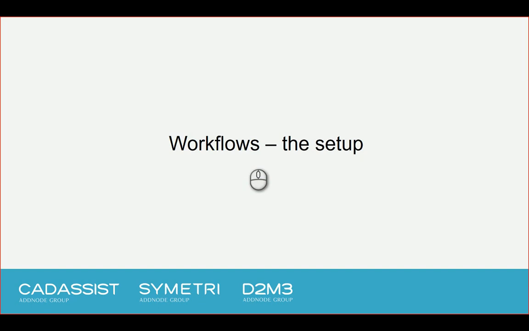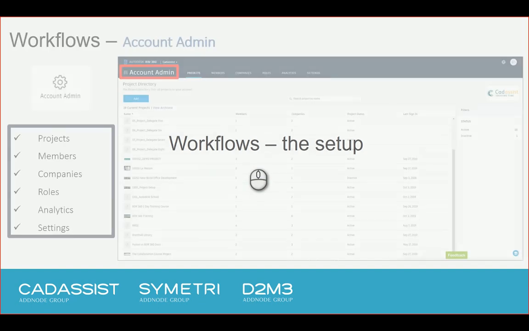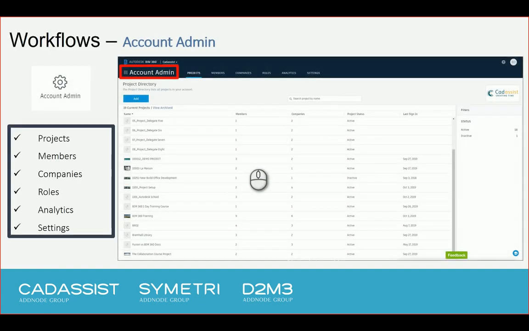So in terms of the workflows, if we're looking at the setup, we need to make sure that whoever's got the account administration rights is then able to set up the correct people who need to be assigned to your project. For example, within a practice, you would have a minimum of 2 account administration individuals. So if one's on holiday, the other one can come in and fill in for them, and vice versa.